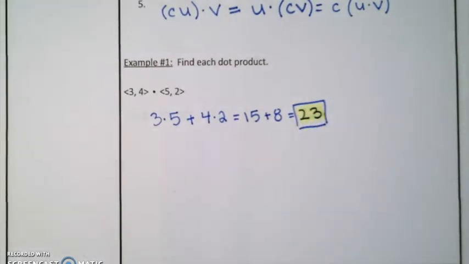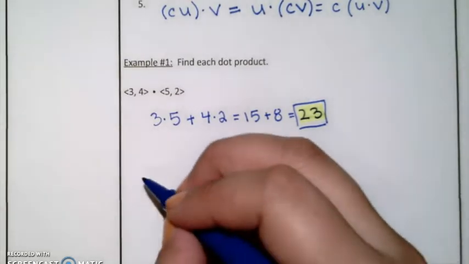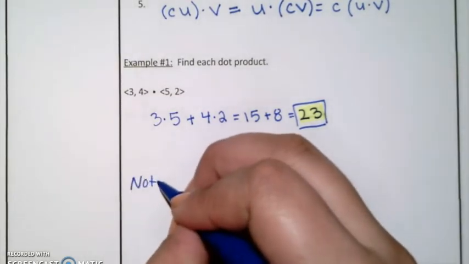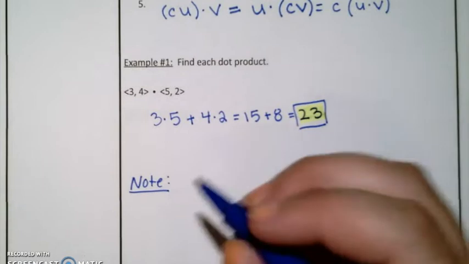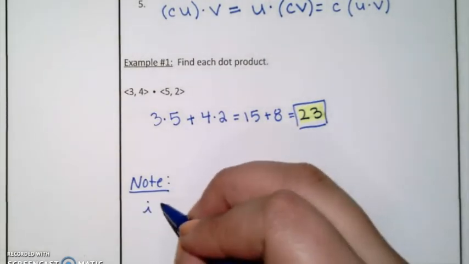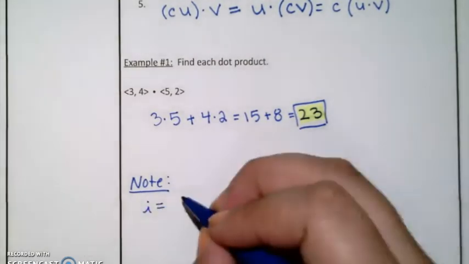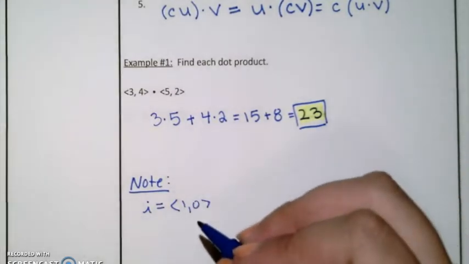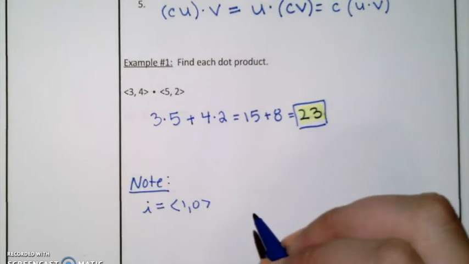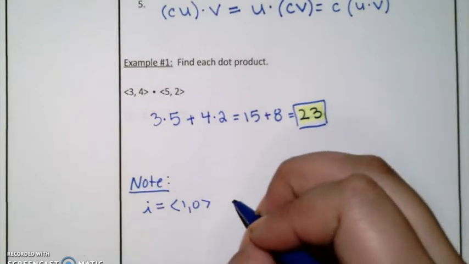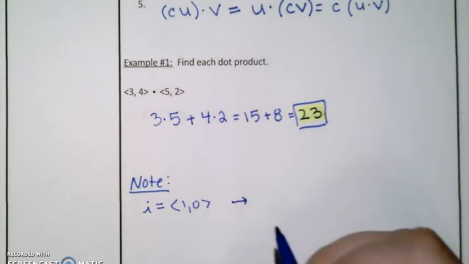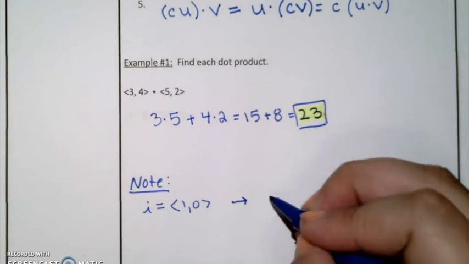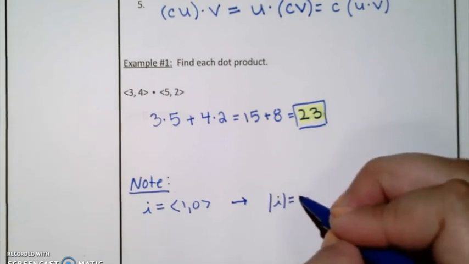Okay, for the next two parts of this example, you will need to recall something from the previous section. So note that the vector i is the vector 1, 0. Okay, this is a unit vector that goes only one in the horizontal direction. So the vector that looks like this with a magnitude of 1. So the magnitude of i is always 1.